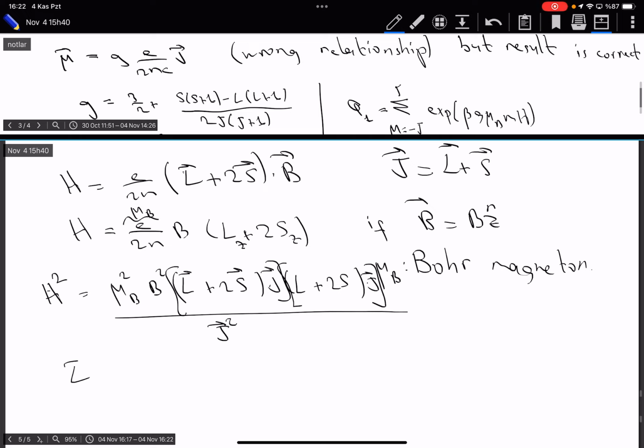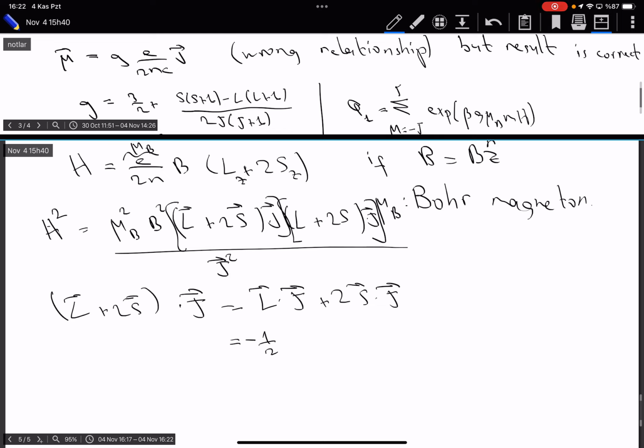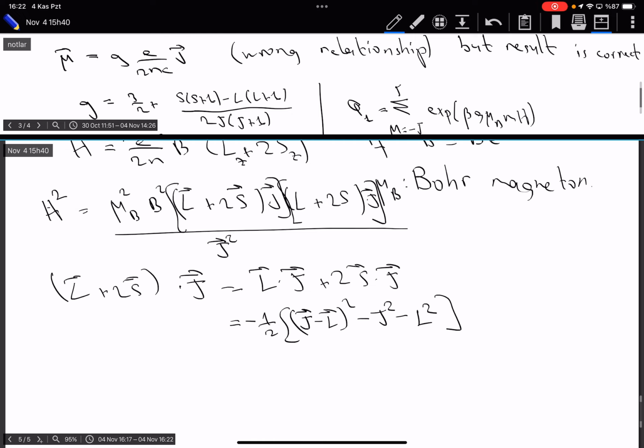But then (L + 2s)·J is L·J plus 2s·J, which I can write as 1/2 [J² − L² − s²]... that is, minus 1 over 2 (J minus L) squared, minus J squared minus L squared, minus (J minus s) squared, minus J squared minus s squared.